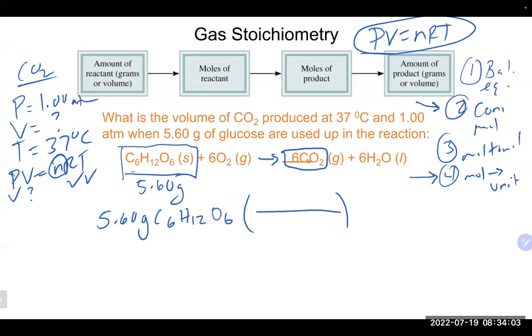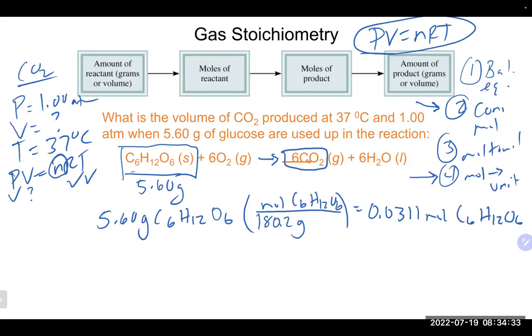Looks like 180.2 grams per mole. And if we do that, 5.6 divided by 180.2 gives us 0.0311 moles of C6H12O6. Any questions so far here?